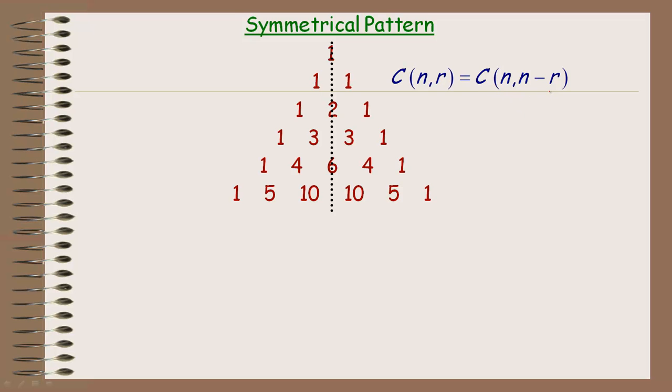Notice that if I add the r value and this n minus r, the r's are opposite, so we have r and negative r, so they add to 0, so that simplifies to n. So what I'm saying is that these second numbers always add to whatever the n number is.